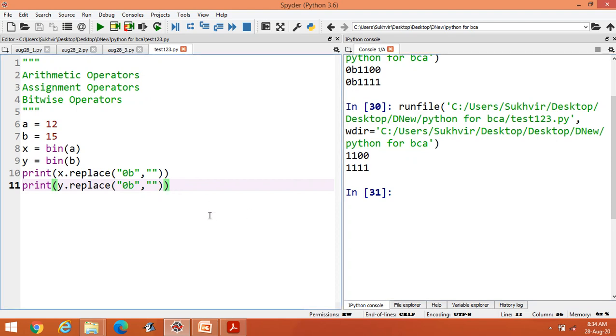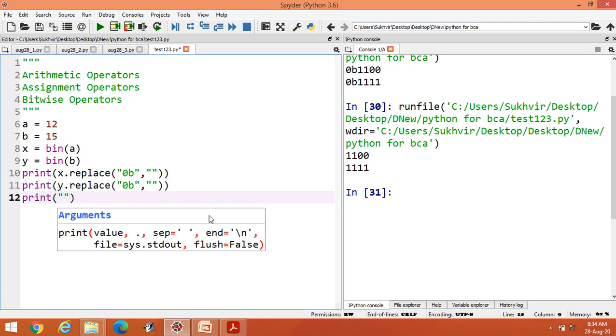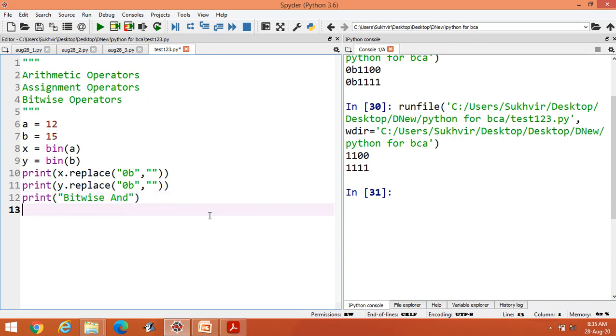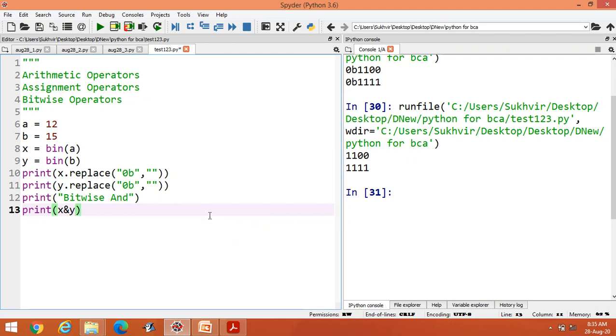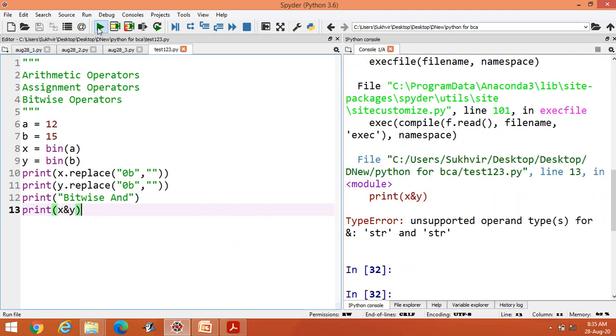Suppose I have to use bitwise AND. You can print here bitwise AND. Now check for bitwise AND. You can write x and y. Now check the output.